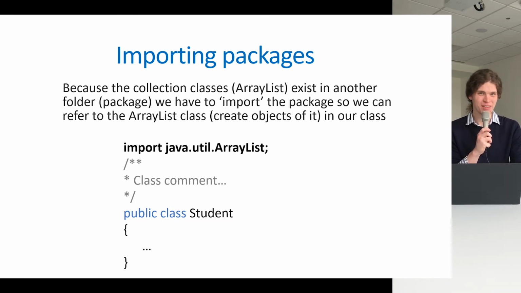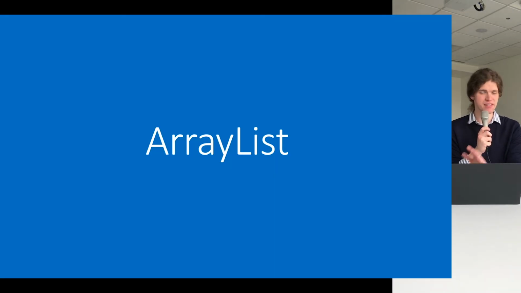If you ever to look in the Java folder, you should see a folder called util, and if you look inside that, you'll see the ArrayList class. Okay, so we're just basically providing a reference to it so that we can refer to the ArrayList class within our given class. Okay, so that's the first thing we need to do. We need to import the ArrayList, and then once we've done so, we can create an object of it.